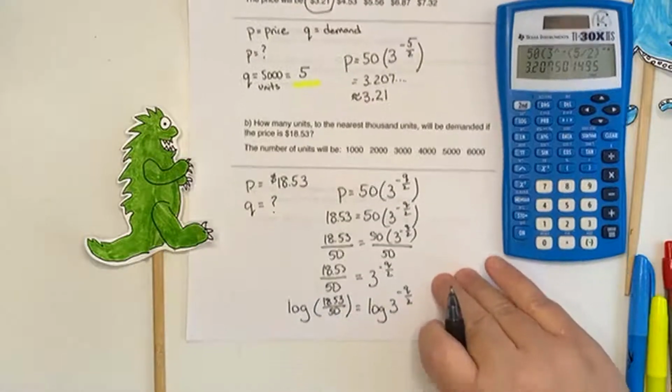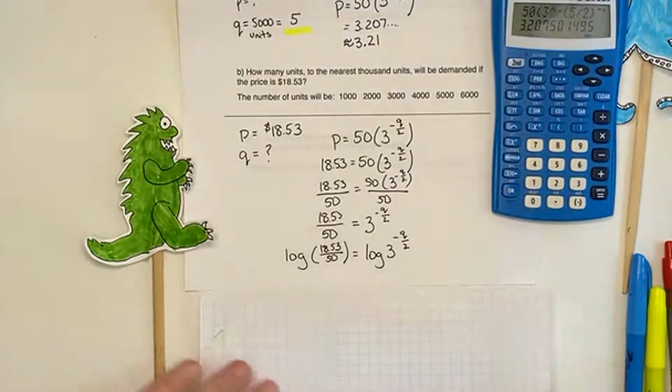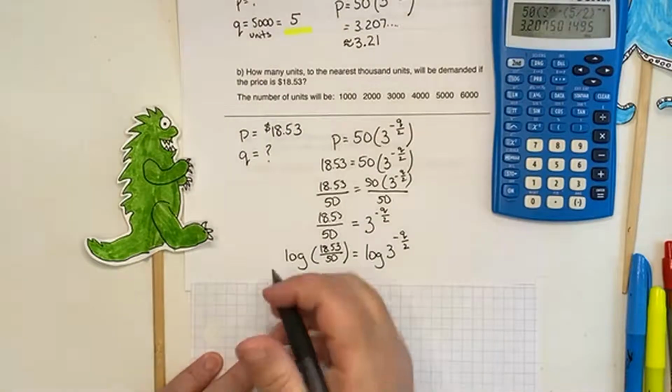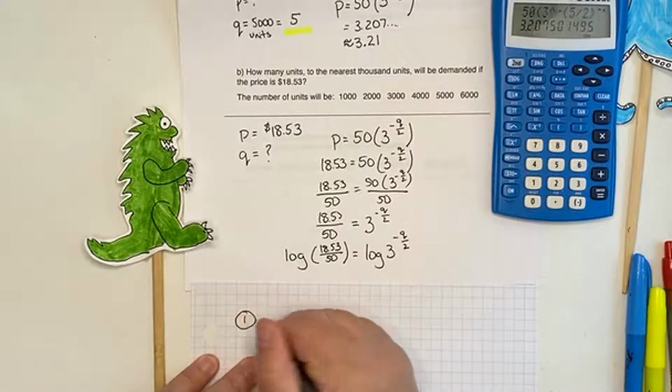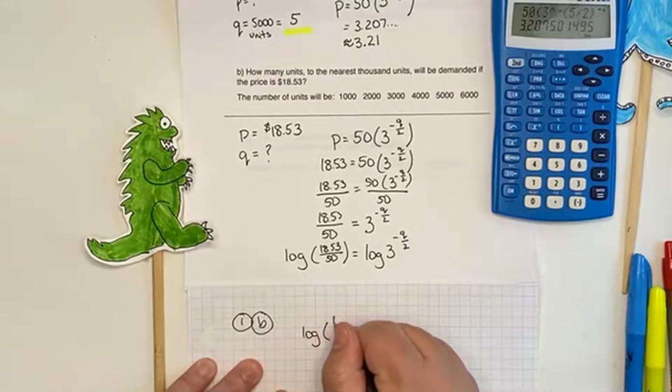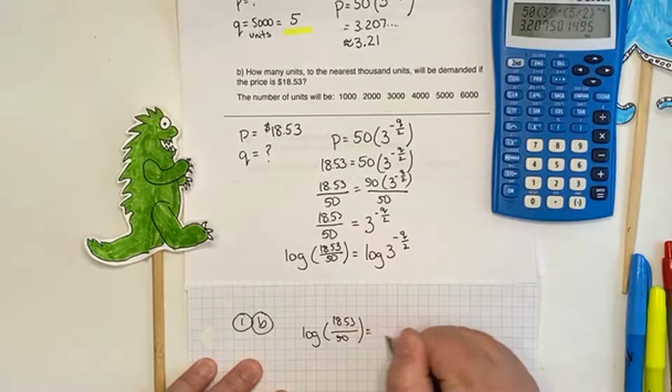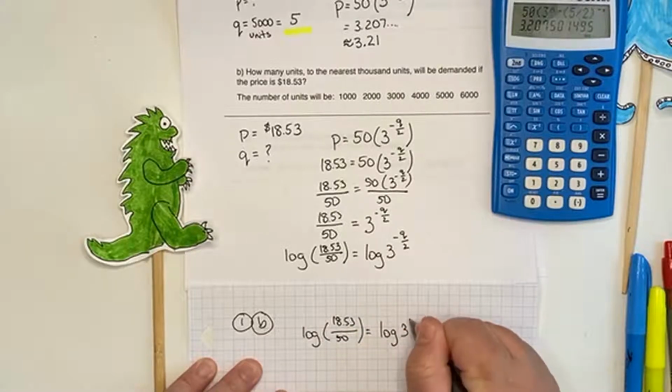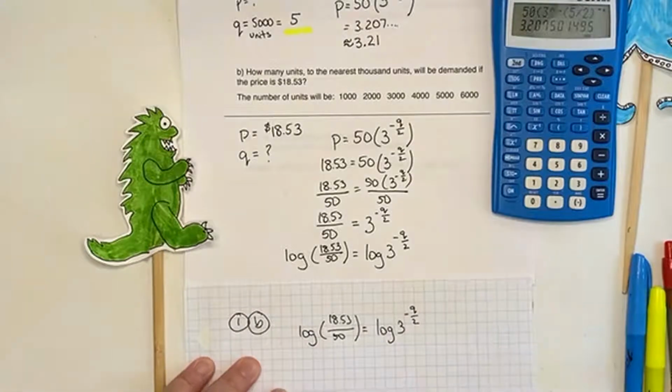Switch over to some scratch paper. So this is number 1B. I've got the logarithm of 18.53 all over 50 is equal to log of 3 to the negative Q over 2.